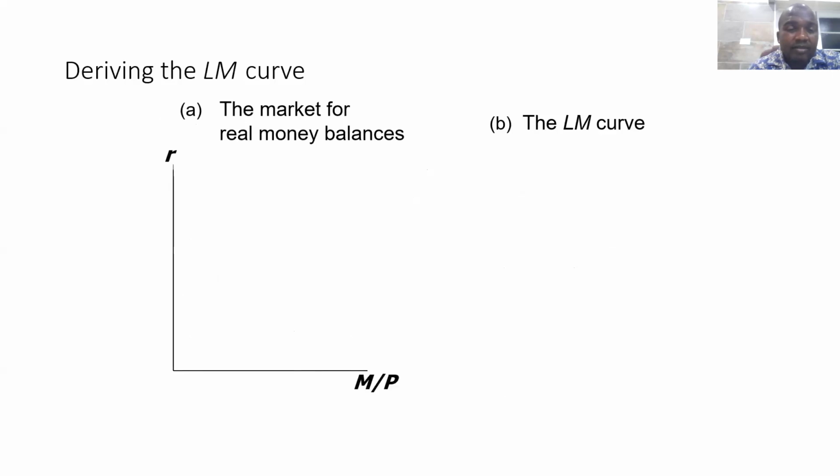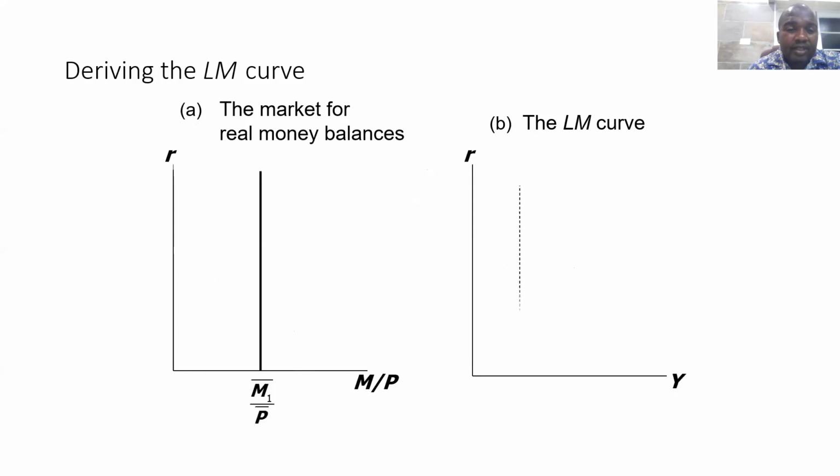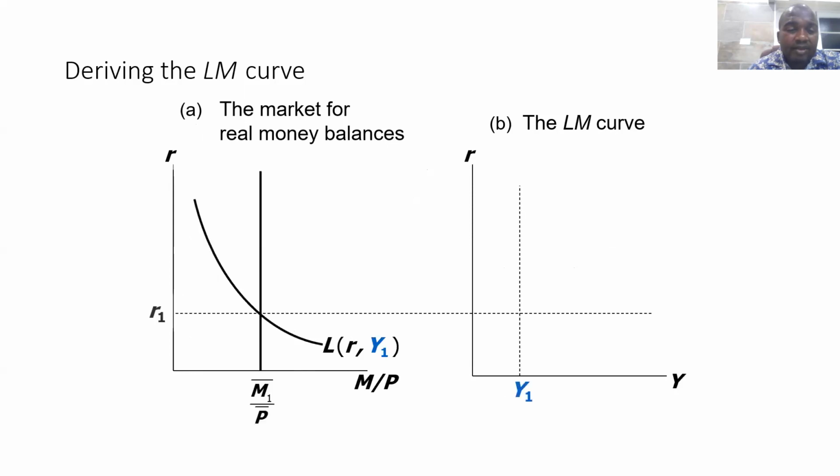Deriving the LM curve, the market for real money balances, and then we derive the LM curve. Initially, we say for a level of national income Y1, let the interest rate be R1. And then real money balances are fixed by the government at M1 over P with bars on top.